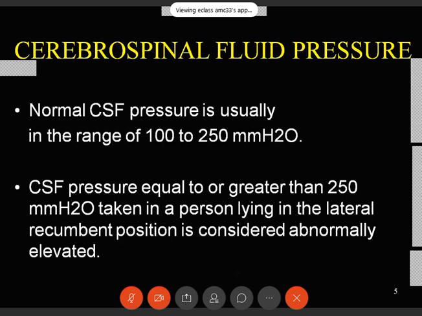A CSF pressure equal to or greater than 250 millimeters of water, measured with the person lying in the lateral recumbent position, is considered abnormally elevated. Any rise in CSF pressure leads to raised intracranial tension, which leads to papilledema.